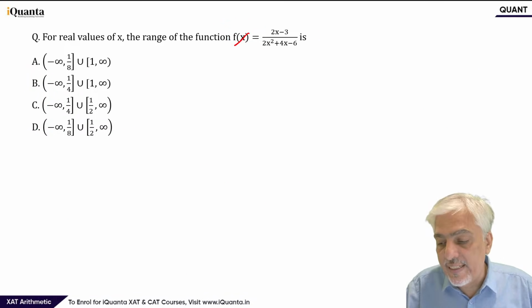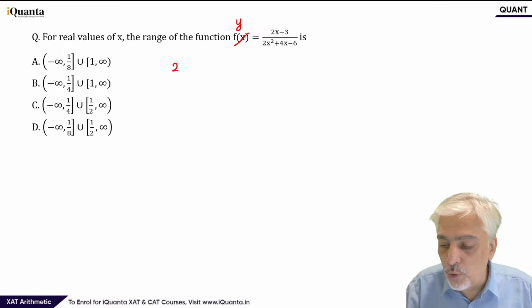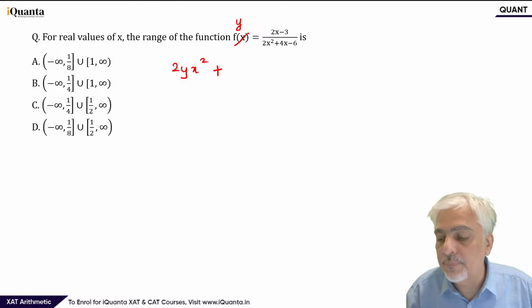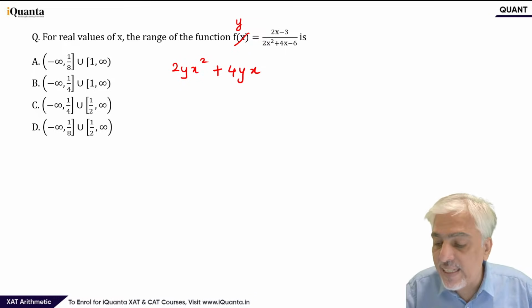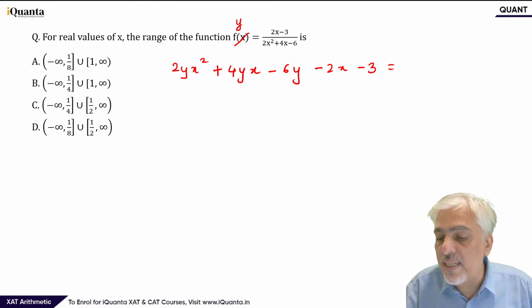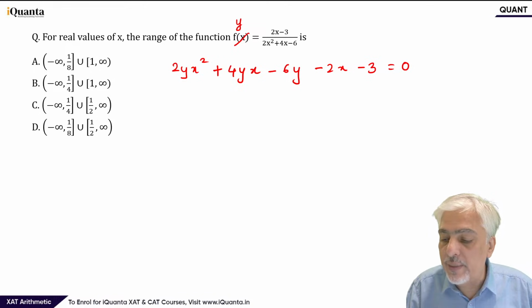One more approach, again taking this as y, cross multiply. Cross multiply, what will you get? You will get 2yx square plus 4yx minus 6y minus 2x minus 3 is 0.